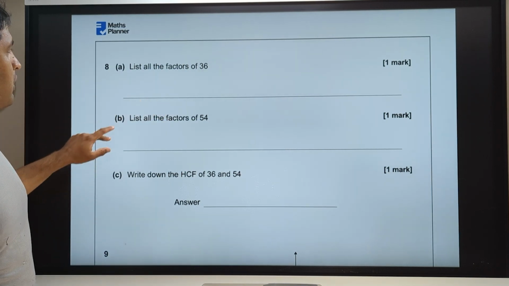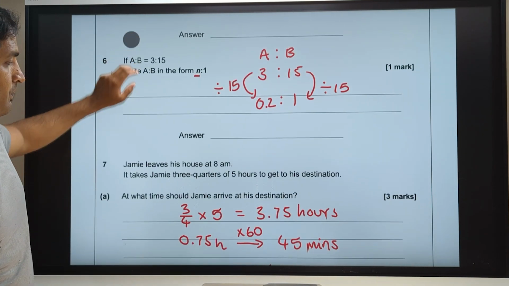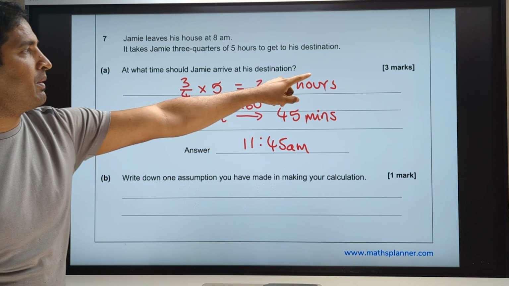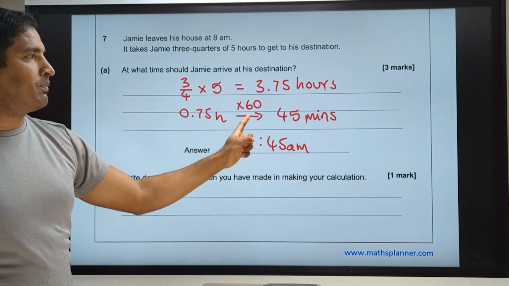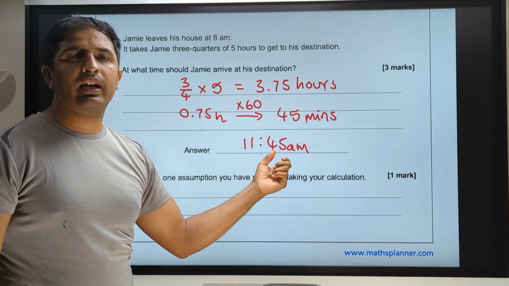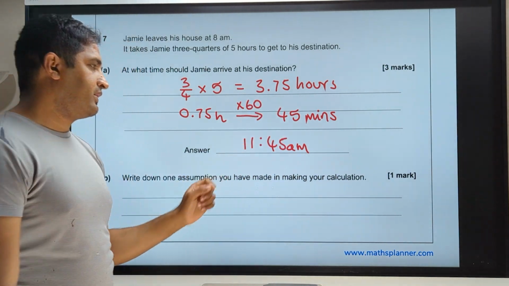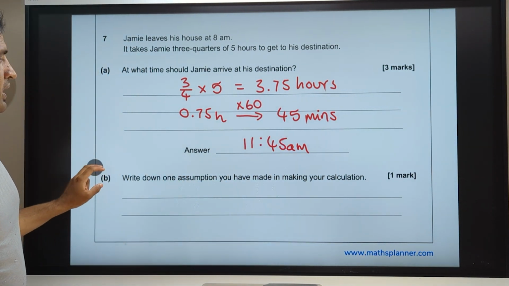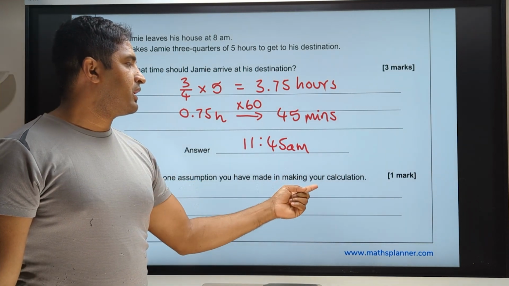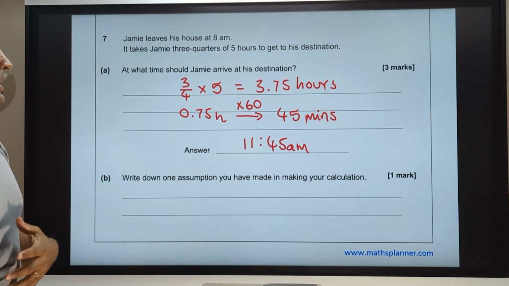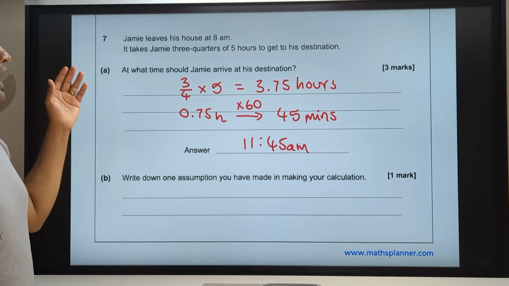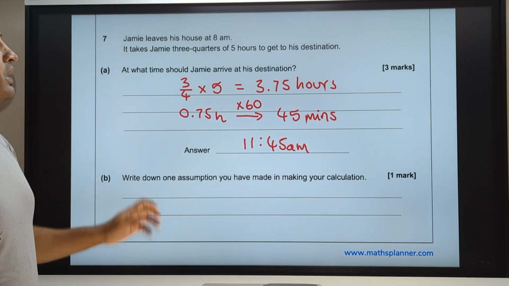Again, every single one of those workings is needed for you to get marks. It's a 3 mark question. So remember, you write that down, you'll get 1 mark. And then you change minutes into 45 and get the final answer correct. You get that last accuracy mark. Write down an assumption you made in making your calculations. The thing that we assumed here is that he doesn't stop anywhere in between.